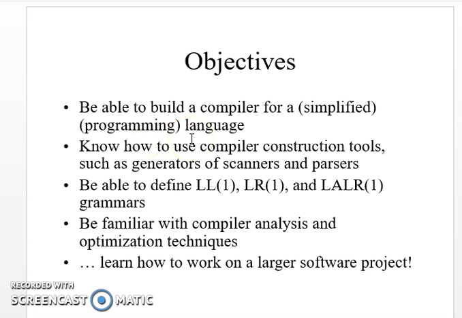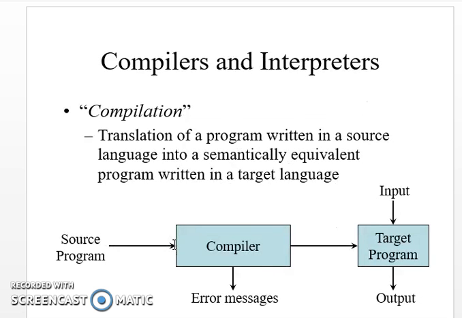Another objective is that, finally, after learning this entire course, you know how to use compiler construction tools such as generators of scanners and parsers, and you are able to define LL1, LR or LALR grammars, and you become familiar with compiler analysis and optimization techniques. Learn how to work on a larger software project, and these are the main objectives of the course.